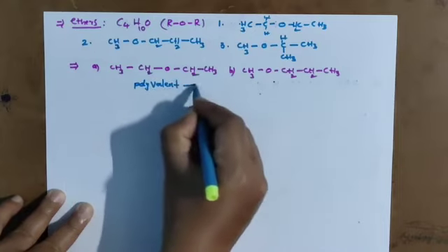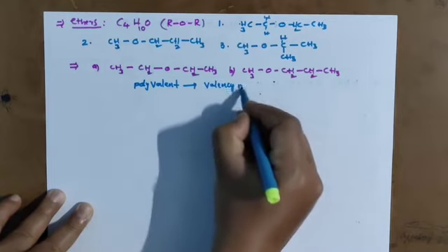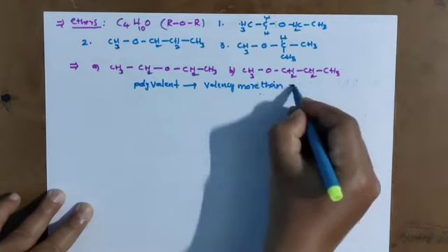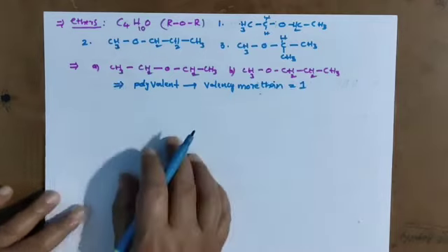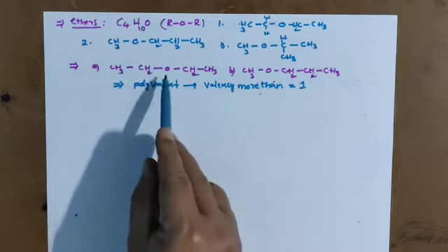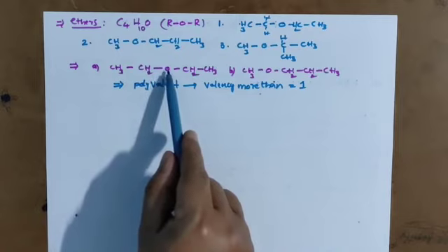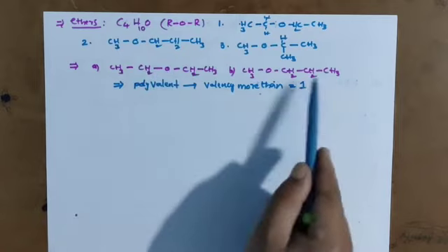Polyvalent means valency more than one, clear? Oxygen valency is 2. So this polyvalent functional group or atom is bonded on both sides to different alkyl groups.